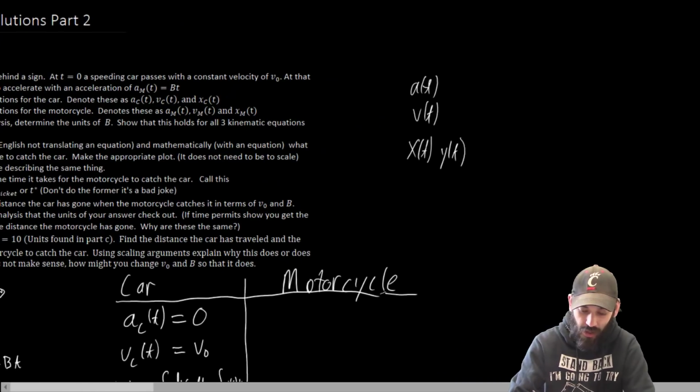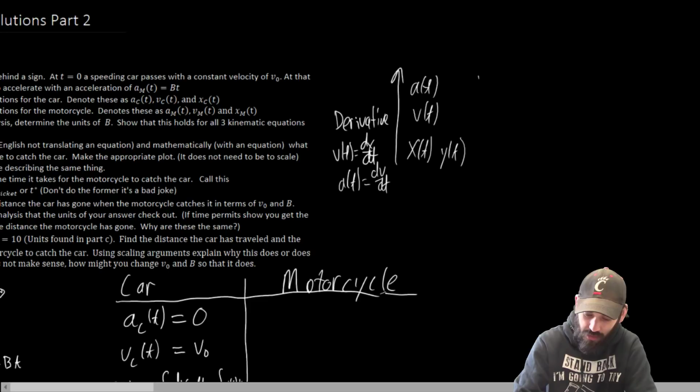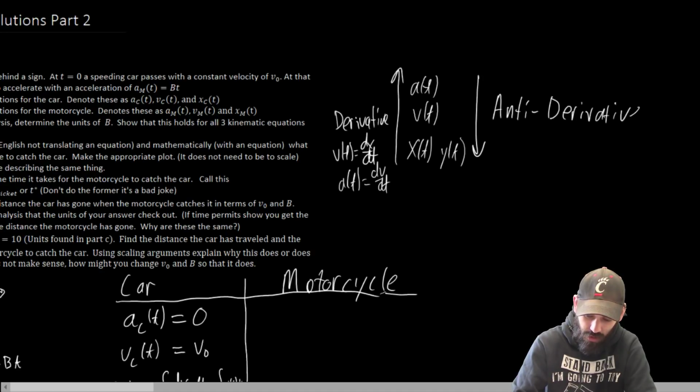And then if we want to go up, we take a derivative, because we know that v of t is equal to dx dt, and a of t is equal to dv dt. And if we want to go down, we do the antiderivative, or integral.